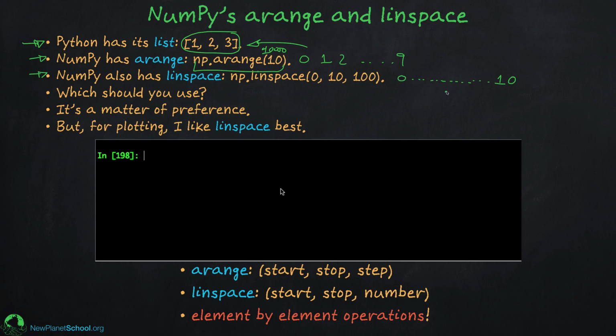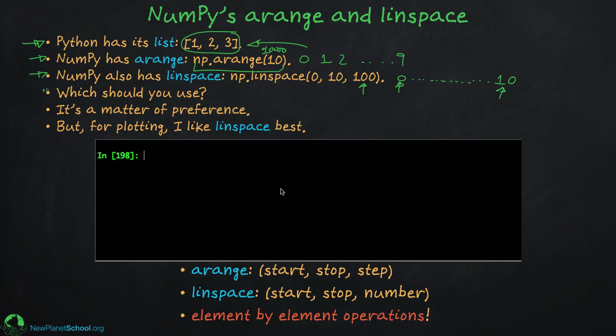So this is really great when you're trying to plot something, because you usually know the beginning value, you usually know the ending value, and you can specify the number of points so that your curve comes out smooth. And so that's the one I think I probably use the most, although I use all of these. It's good to know all three of them.